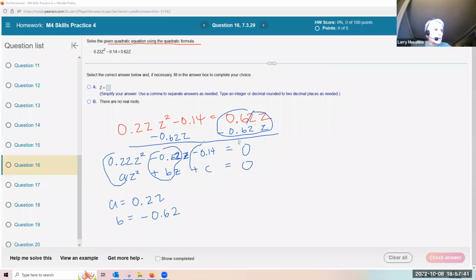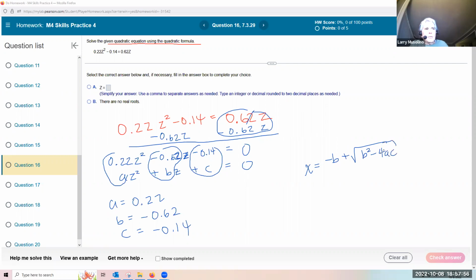And c looks like it's going to be negative 0.14. Of course, now I'm just going to plug into x equals negative b plus the square root of b squared minus 4ac over 2a. That'll be the first solution, and the second solution is when I use the negative sign on top like this, the subtraction sign.